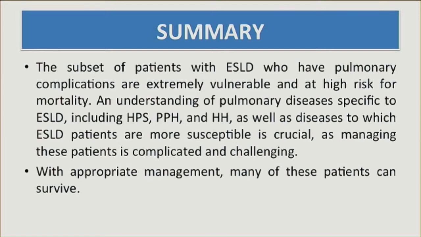Many patients with hepatic hydrothorax need to have a pleural drain inserted, and sometimes we have to use an indwelling pleural catheter to continuously remove the fluid from the pleural cavity.